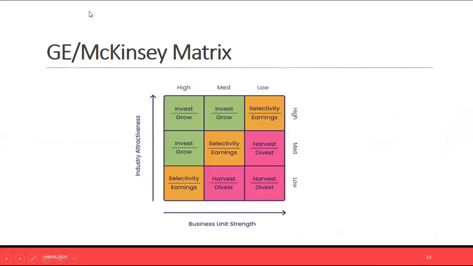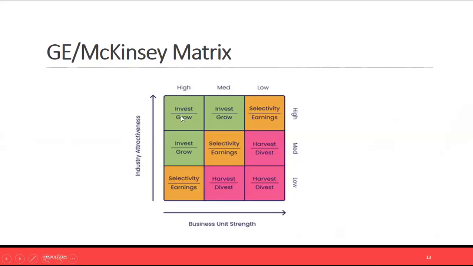That's where you see the greens. If it has a medium industry attractiveness and a high business unit strength, or medium business unit strength and high industry attractiveness, you still invest or grow.